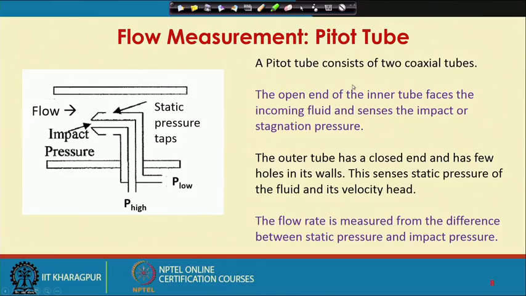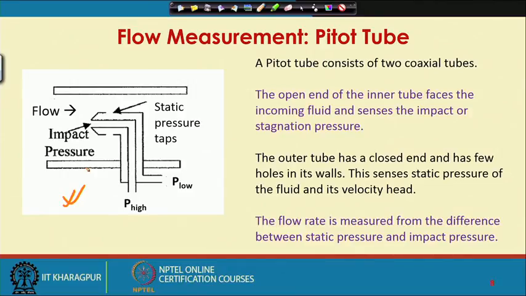Now, let us talk about another instrument known as Pitot tube. The Pitot tube consists of two coaxial tubes. So, this is a Pitot tube. Please note that there are two coaxial tubes.